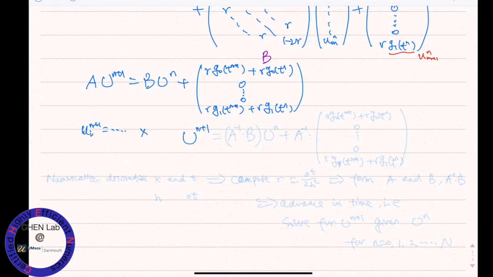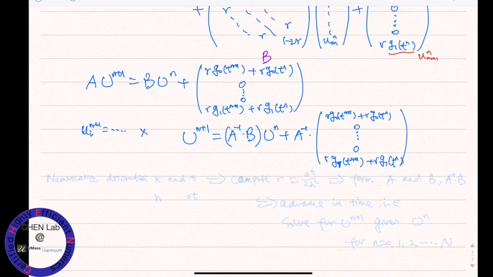If we multiply both sides by A inverse, it's A inverse times B, that's a matrix, applied to u^n, plus A inverse times this vector.